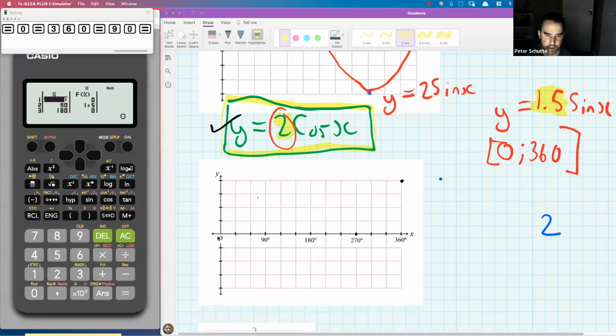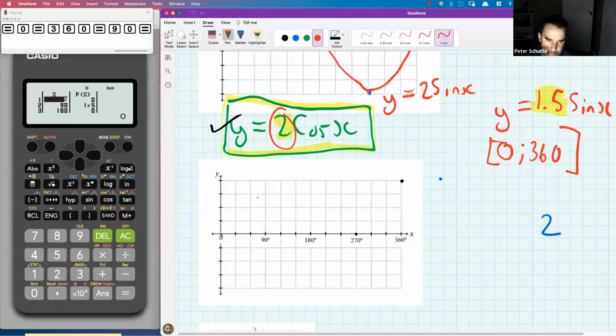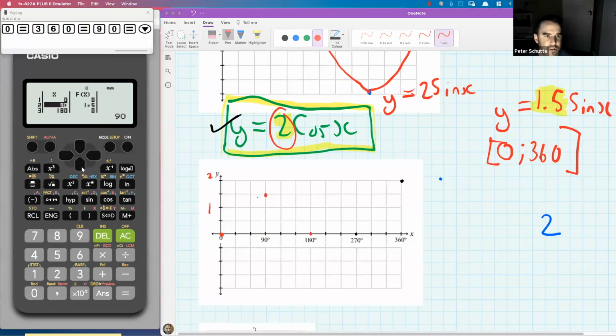So what are the points? We seem to start at 0 again. Then we've got 90, 1.5. So let's make that 1.5 up here because it's like 0.5 per each of these. So let's make that 2, that 1. Then I've got 180, 0. And then I've got 270, minus 1.5. And then what's the last one here?